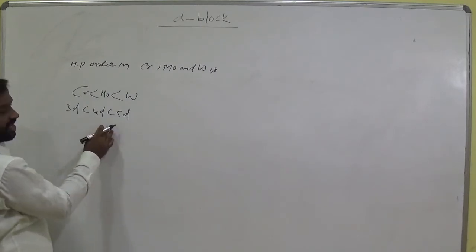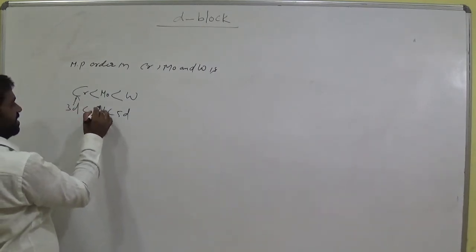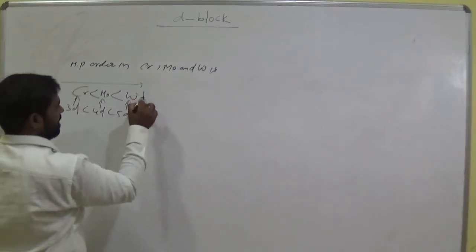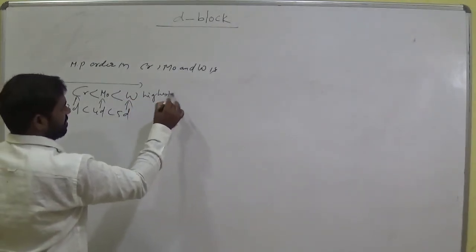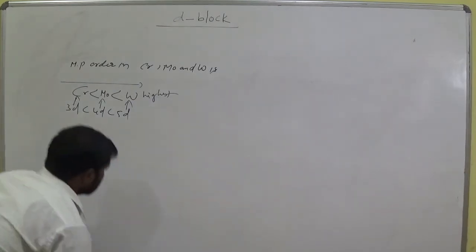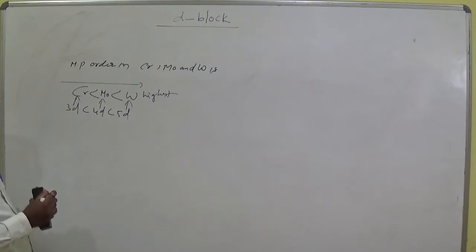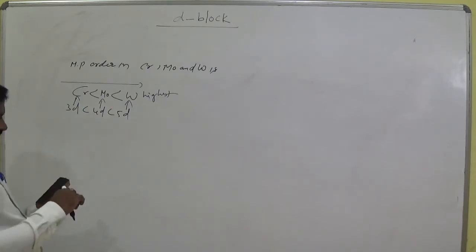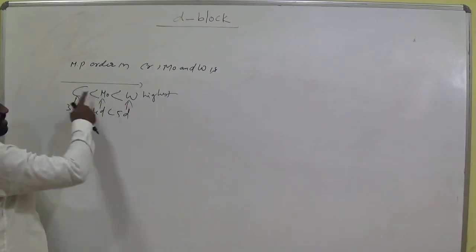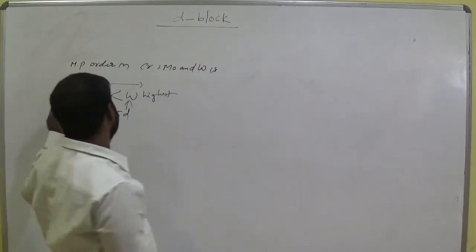Chromium belongs to 3D transition, and tungsten is 5D. So in increasing order, tungsten has the highest melting point, and chromium has the least. This is the order.